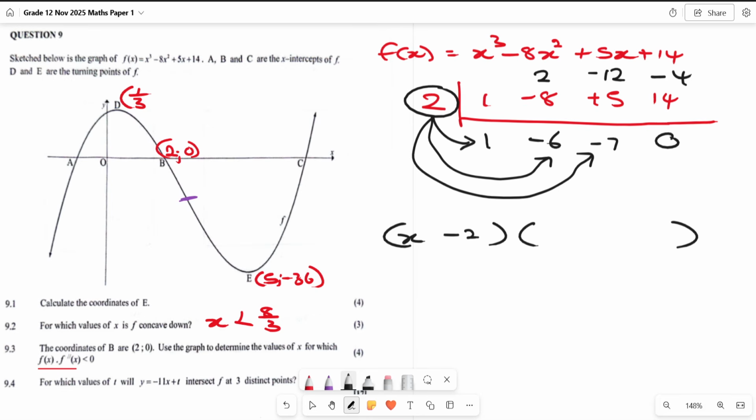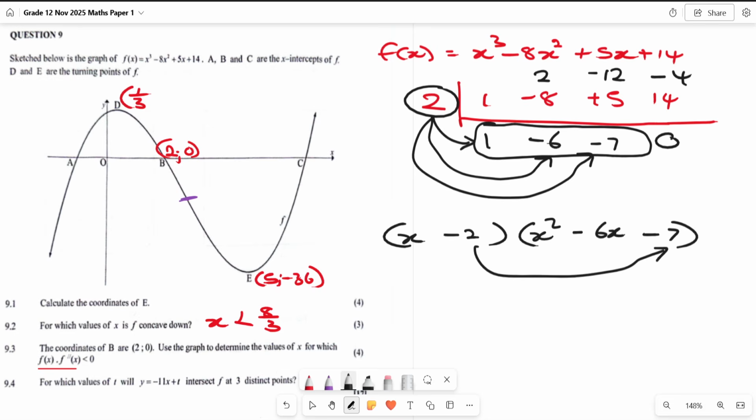Now we're going to say x squared over here, and then we take these numbers here. We'll have minus 7 here, and minus 6 over here, because when we multiply the last two, we need to get positive 14, as you can see there.